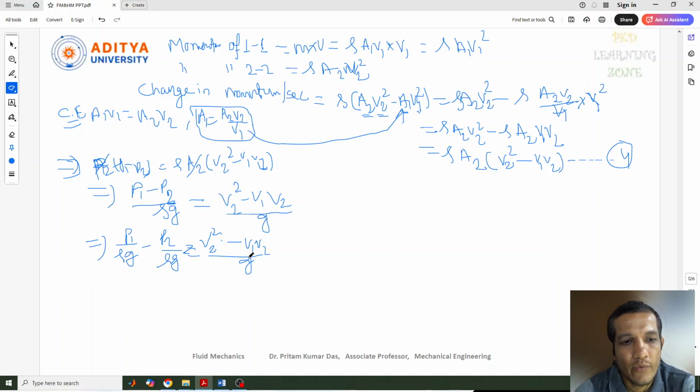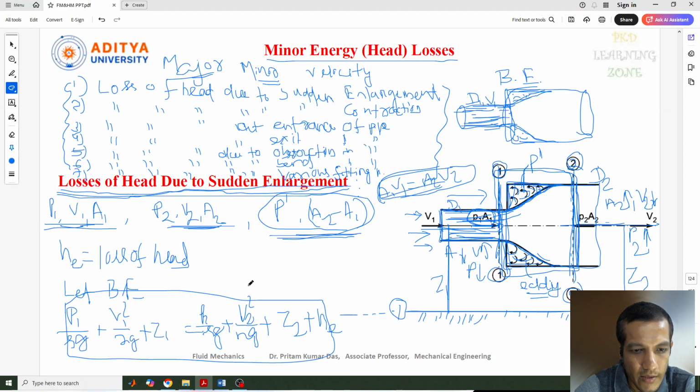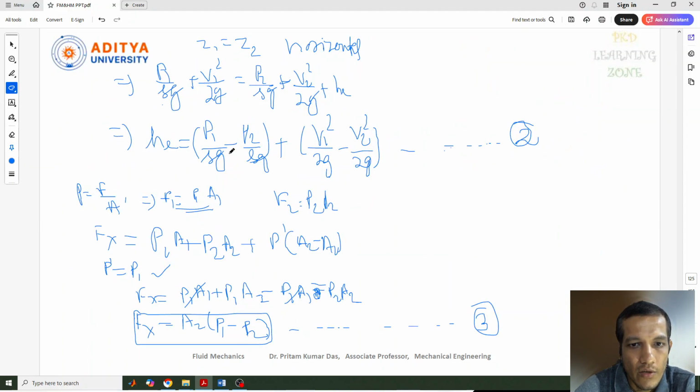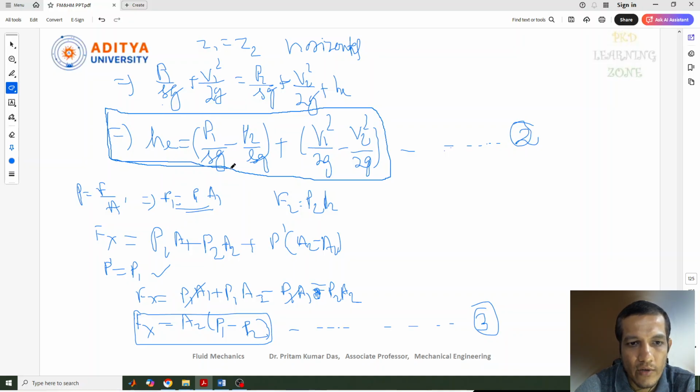Now previously we have already got an equation in terms of the head loss. Finally we need to find out the head loss, or the loss of energy due to the sudden enlargement. So this equation we already got previously.